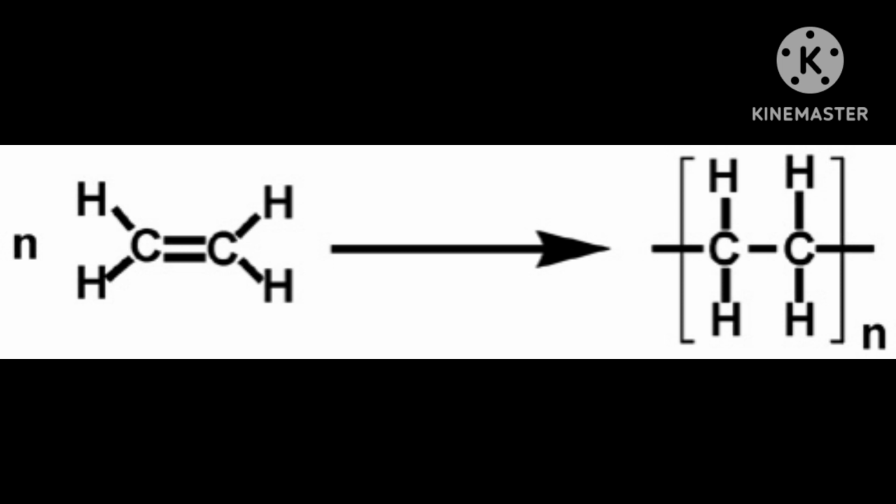n CH2=CH2 means many molecules of ethylene you will take, n molecules as an example. You write n in front of CH2=CH2 in brackets, and n outside means n number of ethylene molecules are there.